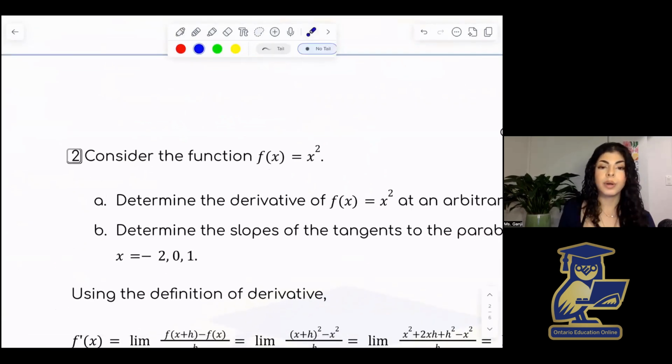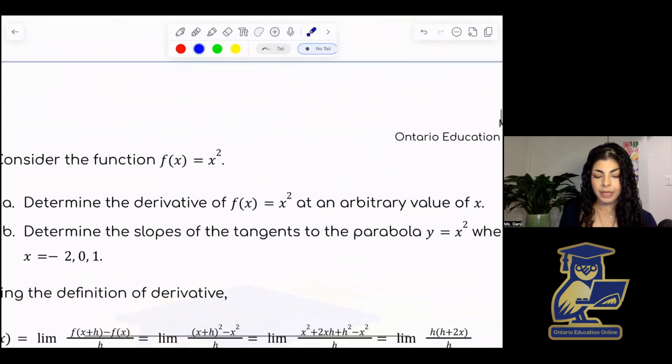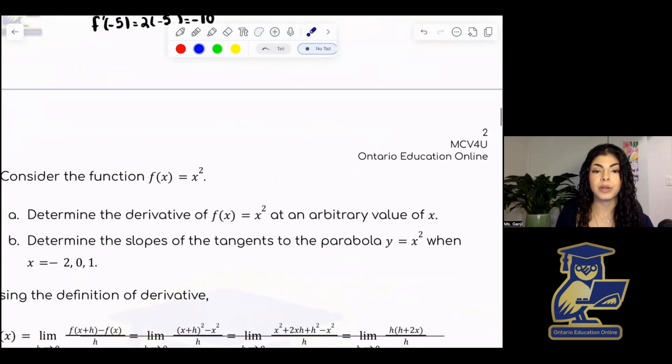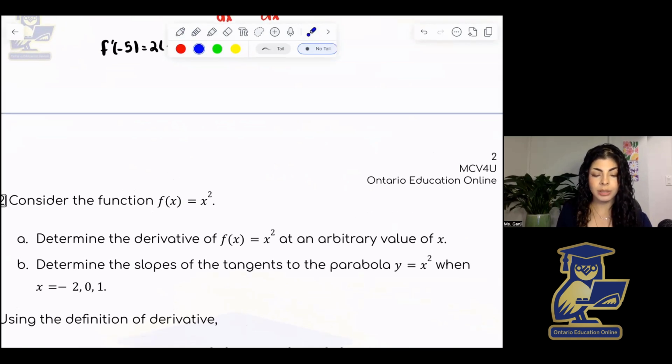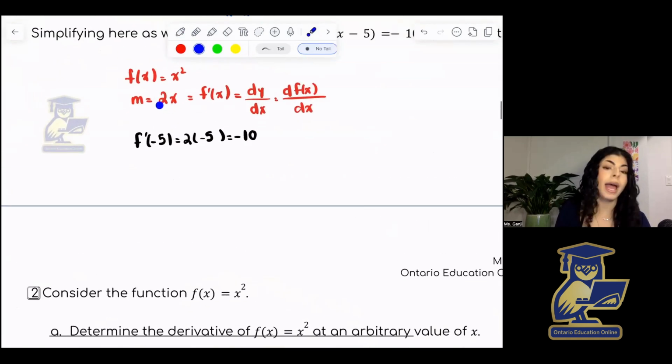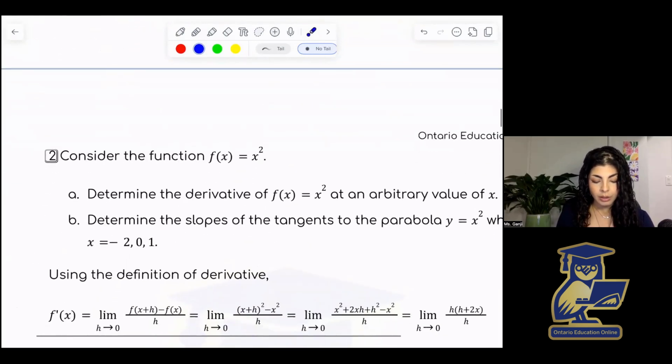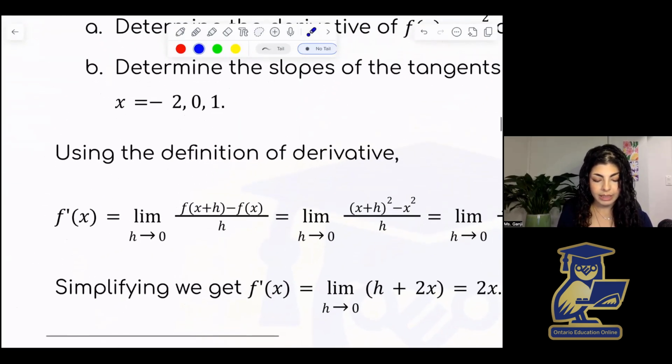So considering our quadratic function, f of x is x squared, we want to find the derivative of this function at any arbitrary value of x. So now I don't have a specific point. I'm just going to be showing you again how I'm getting that 2x and how we can make generalizations about this. So using that definition of derivatives here, we have the limit as h approaches 0 of f of x plus h minus f of x over h.